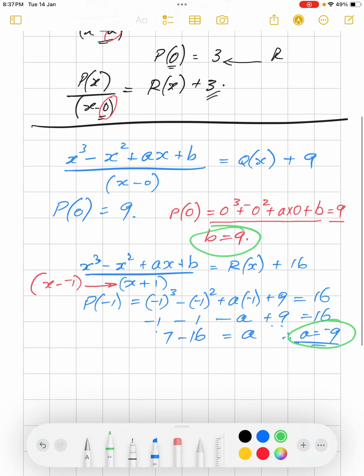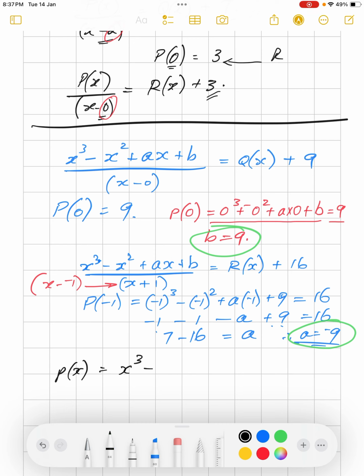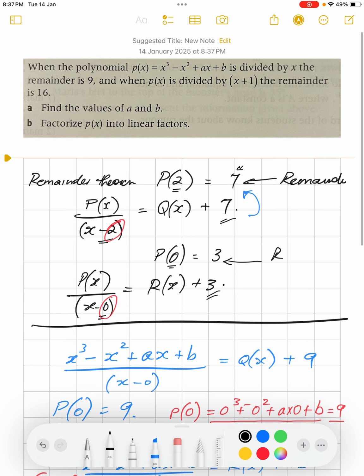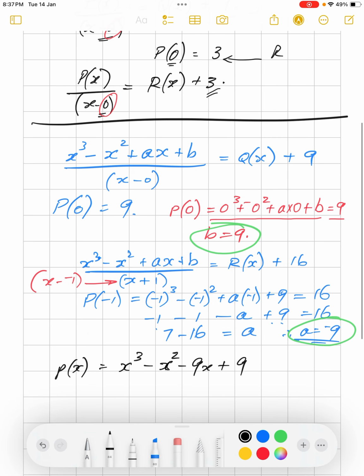So our polynomial is, the polynomial of x is x cubed minus x squared, because a is negative 9, minus 9x, and b is plus 9. There's our polynomial. And we were asked to factorize into linear factors.